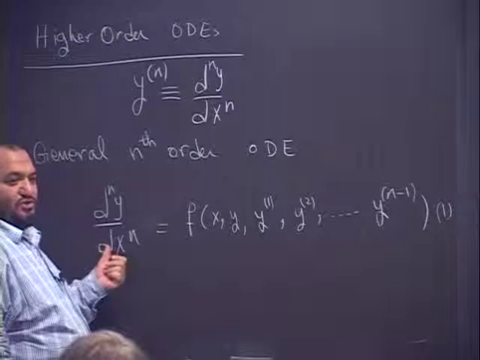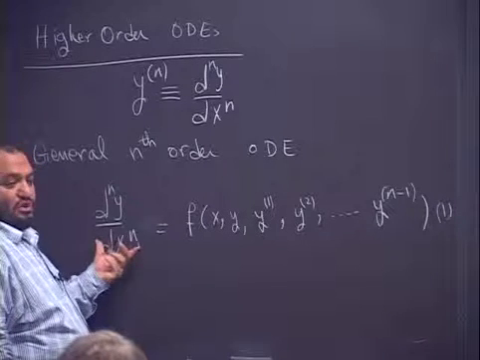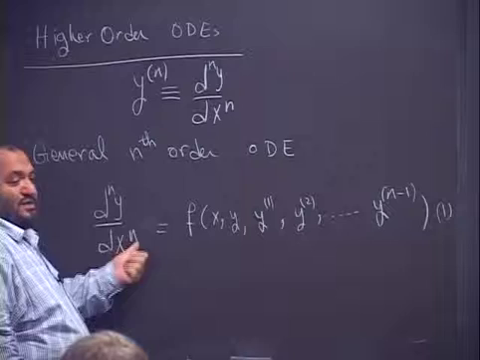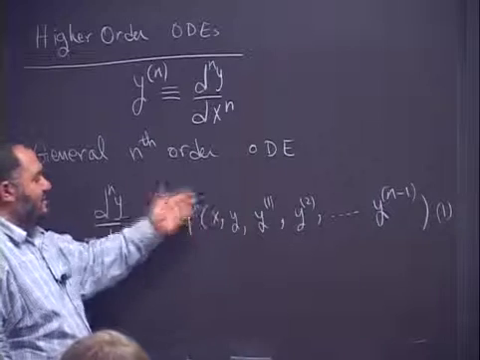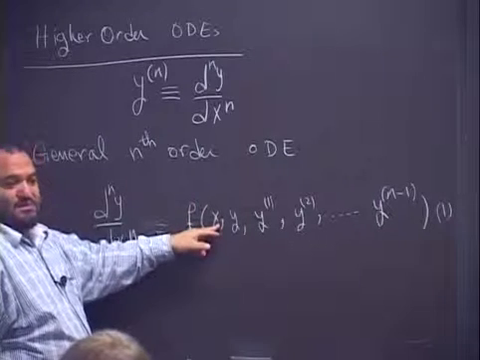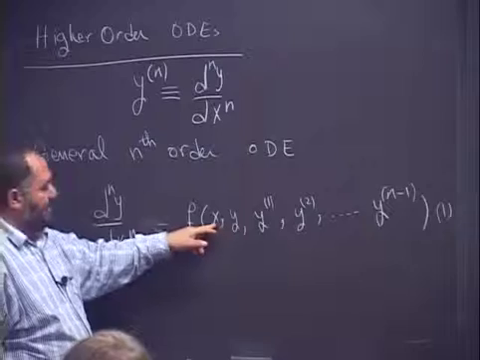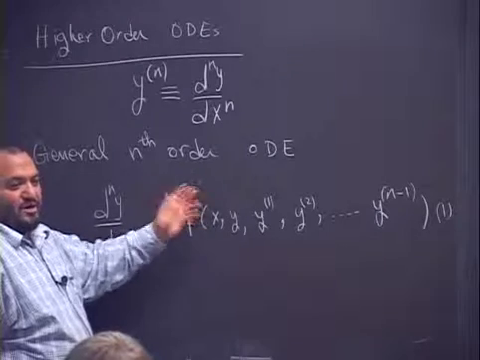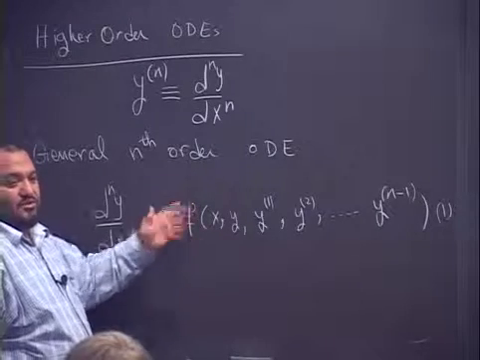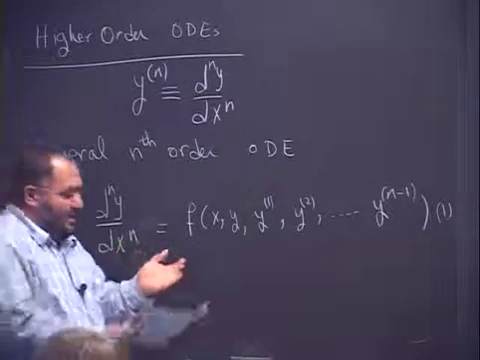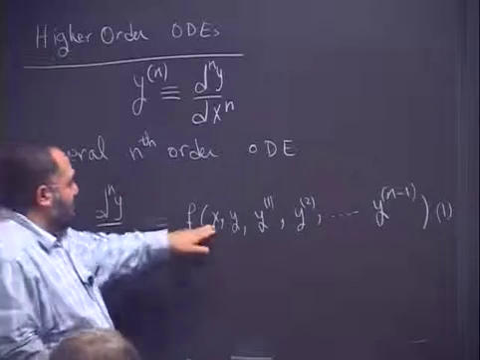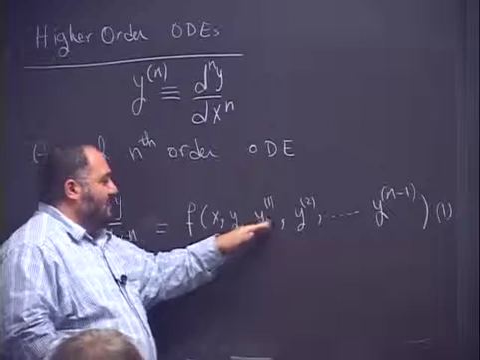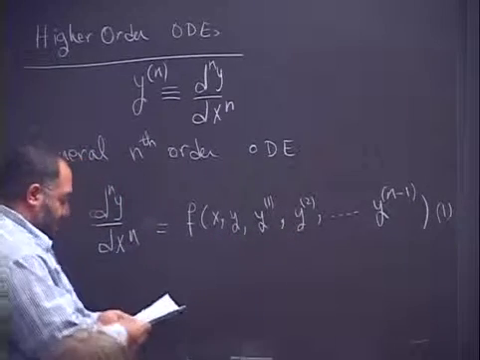But you can also write it as d^n y by dx^n equal to some function f. Here f includes g of x and also the coefficients, if the coefficients are functions of x. So you have a function of x, y, y1, y2, up to y^(n-1).